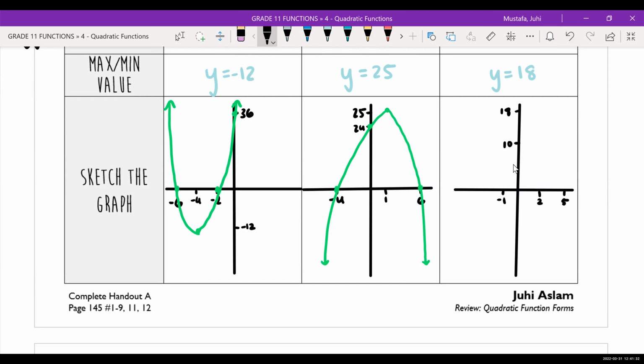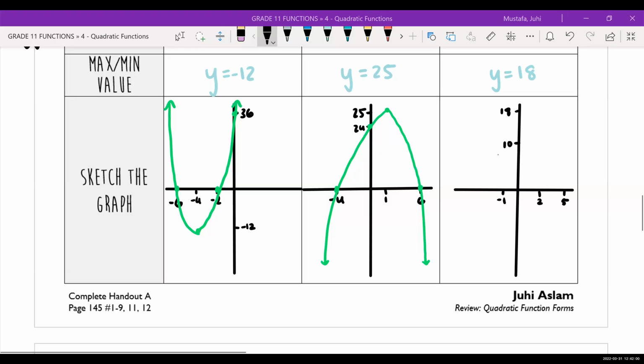So that should be enough information for us to graph it. Okay, so here we have a point at -1, a point at 5. I think we said our y-intercept was 0, 10, and our vertex was at 2, 18. So this graph is going to look like this. Okay, and then don't forget to put all your equations in.